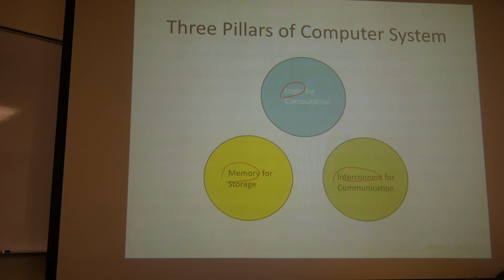And typically, it's done by metal wires on the chip. This is called the interconnect, and this is for the communication. So if you think about the system, you have those three components, and all of them are made of actual hardware. And we are going to discuss the hardware in this course.